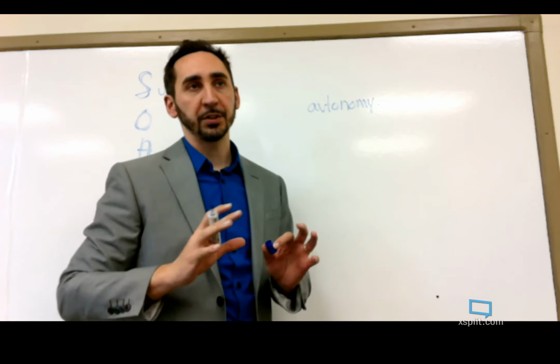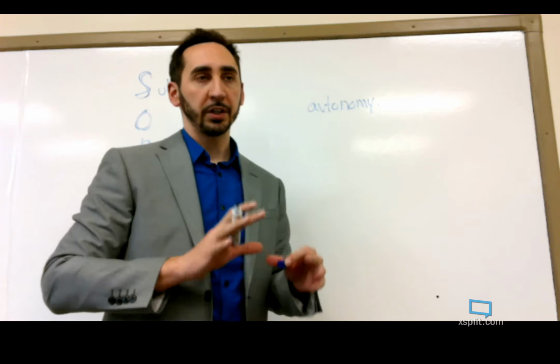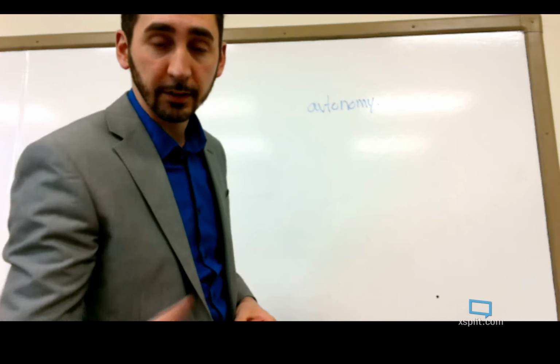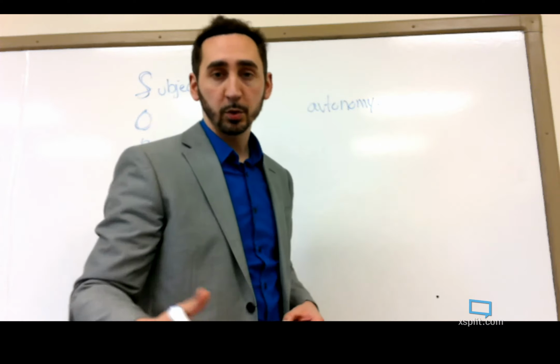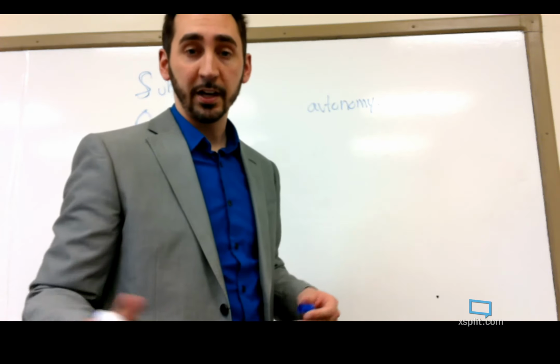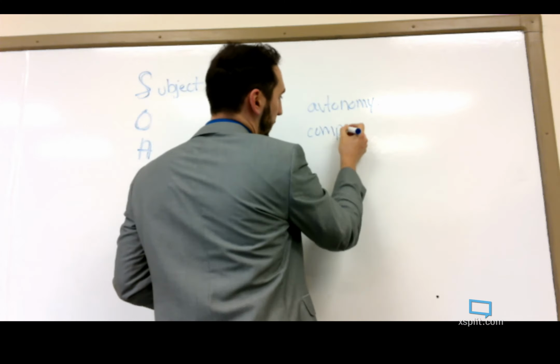You are an individual who is capable, who is working, and you have an identity within whatever it is you're doing. If you're at your job, or going to school, or at home, you feel like an individual within that society. So that's autonomy.